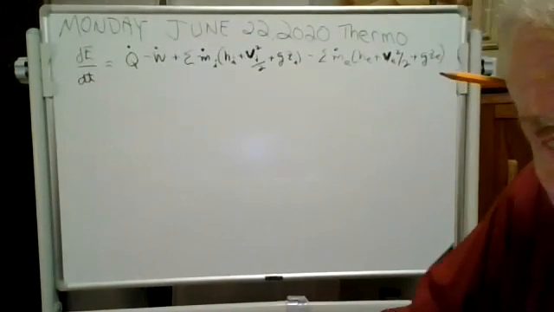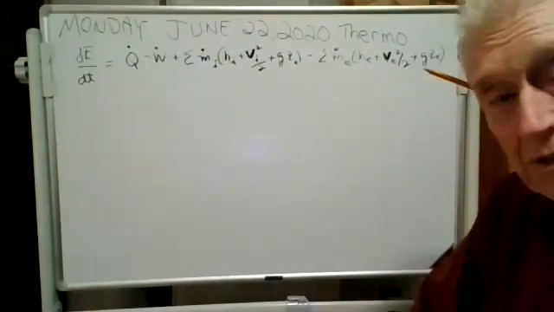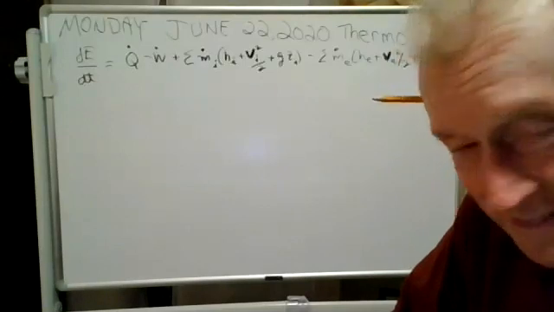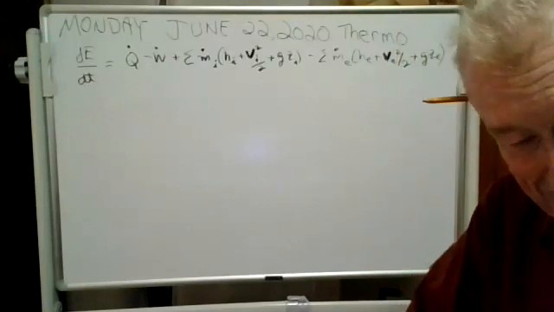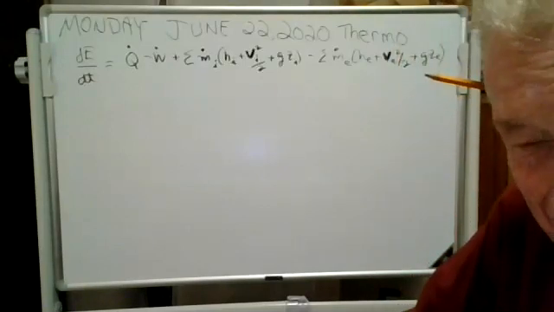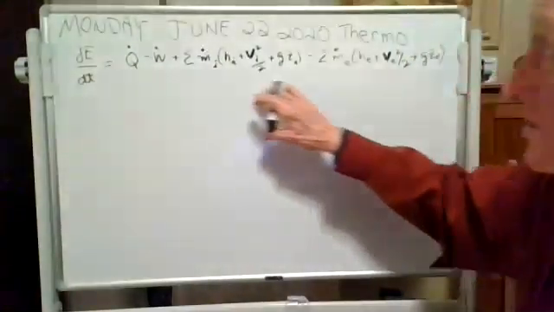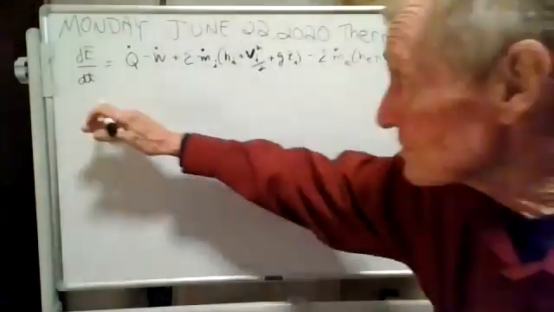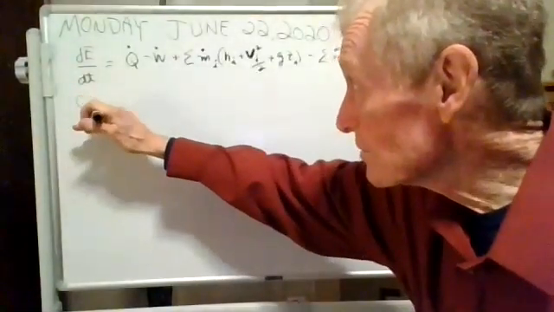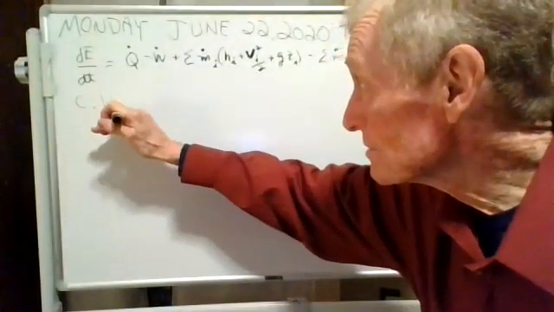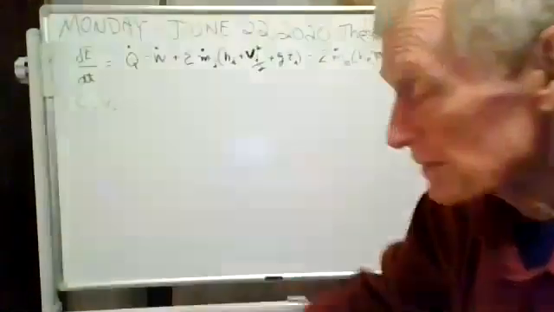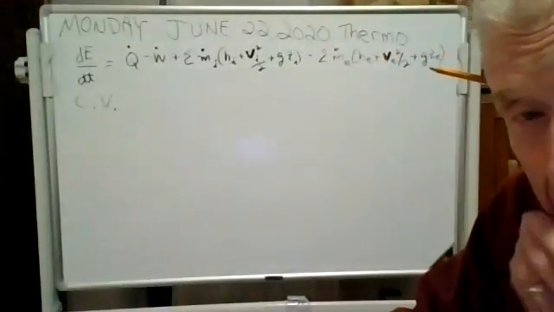Who's calling Cameron? Come in, Cameron. This equation here is for control volumes. It'd be nice to know what a control volume is. Cameron can't remember right now.